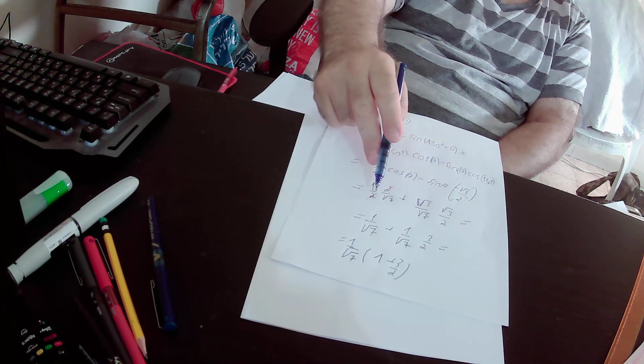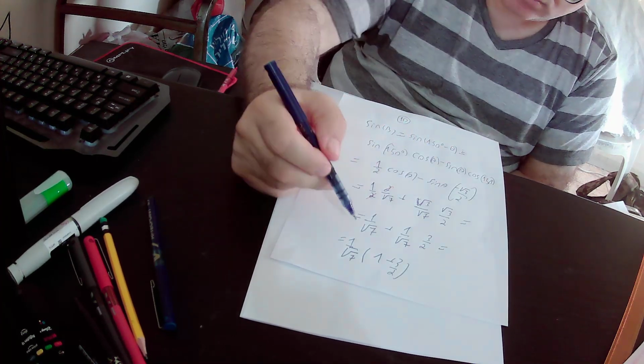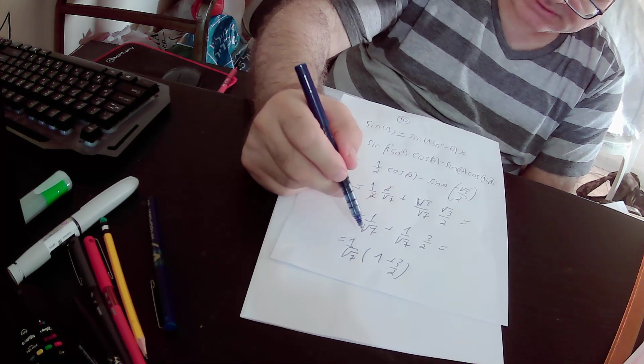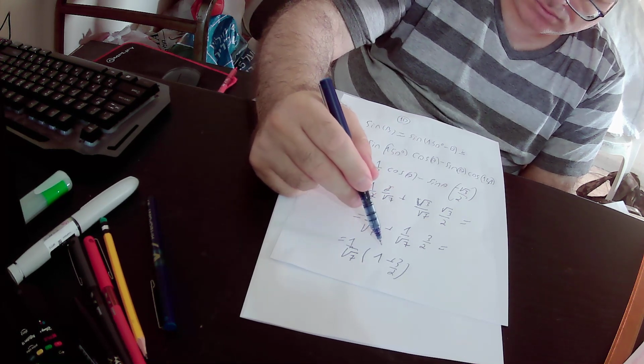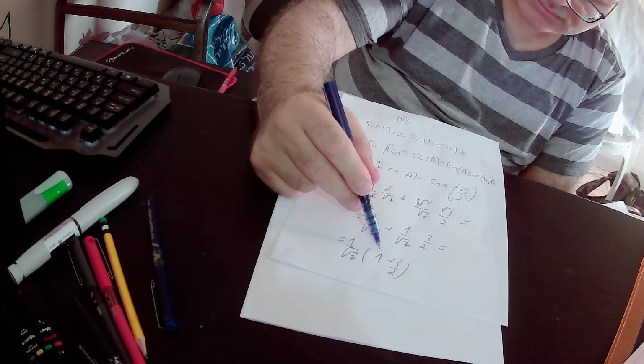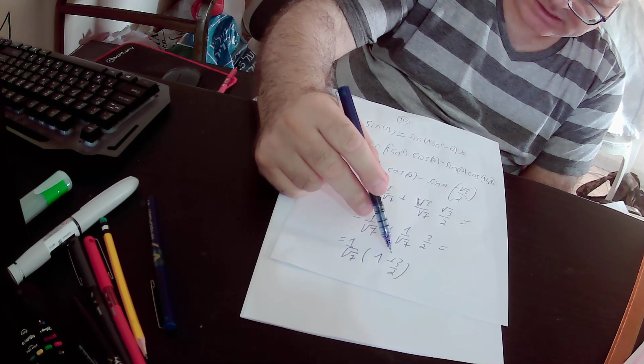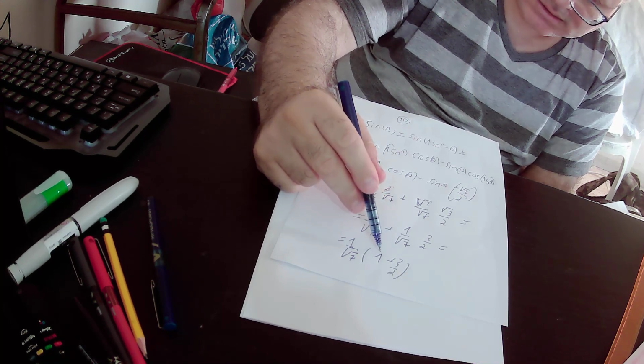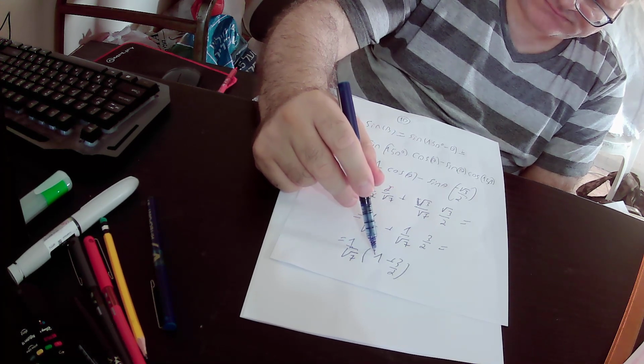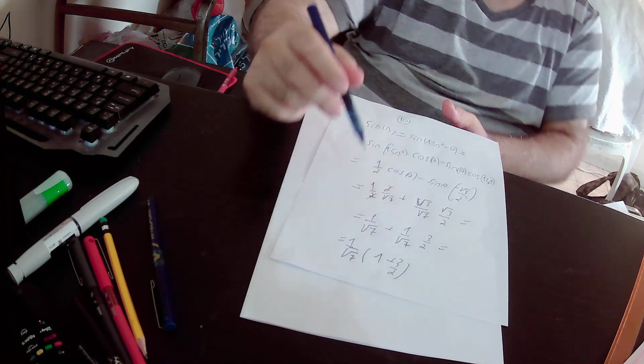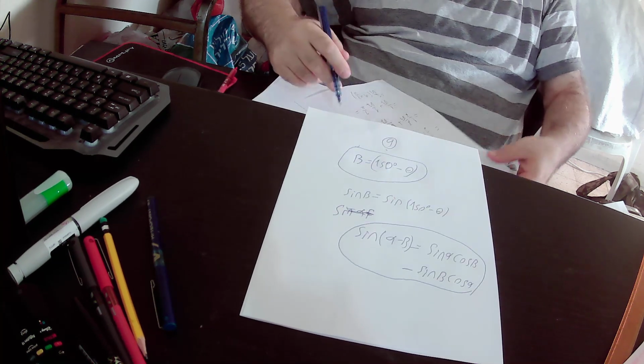Okay, we took a common factor out of this expression. In the brackets we have 1 plus 3/2. 1 plus 3/2 is 5/2. So I write it down.